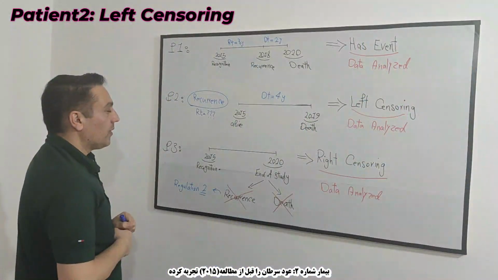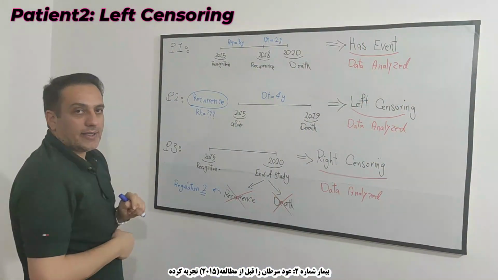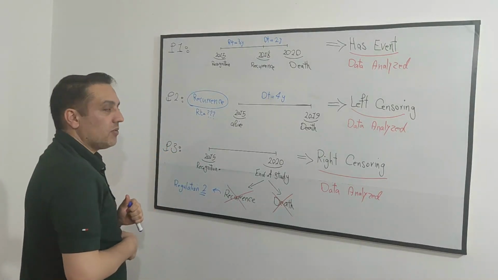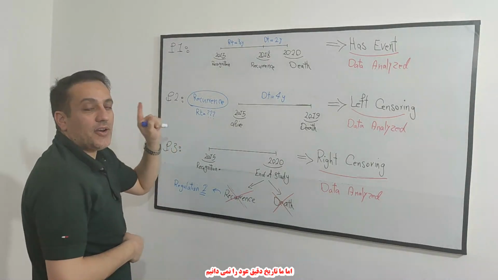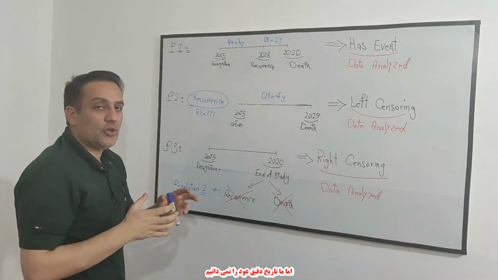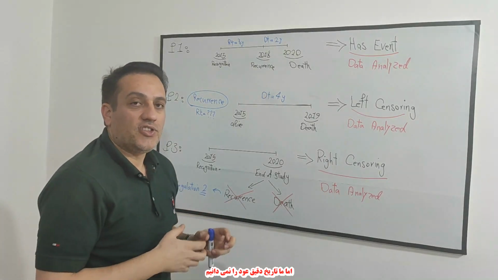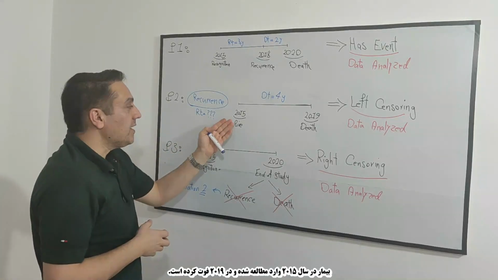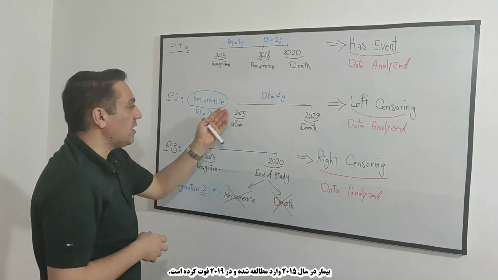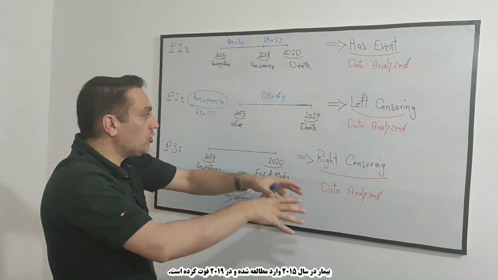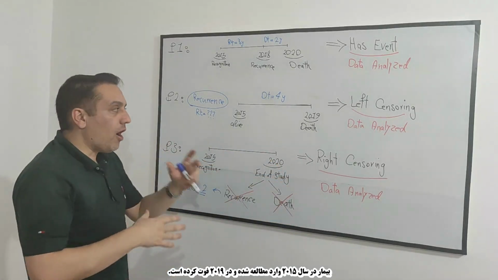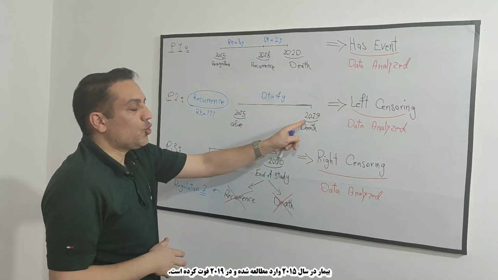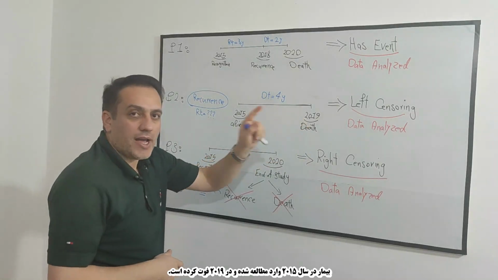Patient 2 has recurrence before the start of the study, but it's unknown. We don't know the real date of recurrence. But this patient at the start of this study, meaning 2015, entered the study and was followed for 4 years, and in 2019 died from cancer.